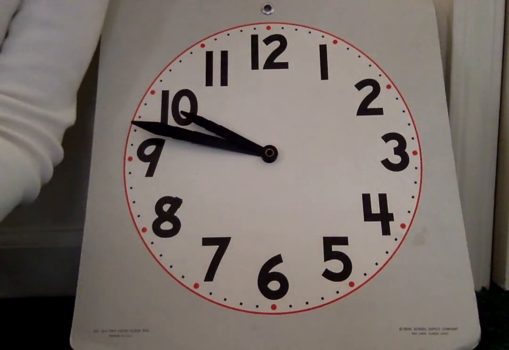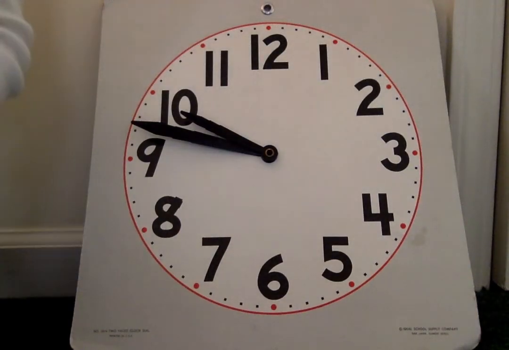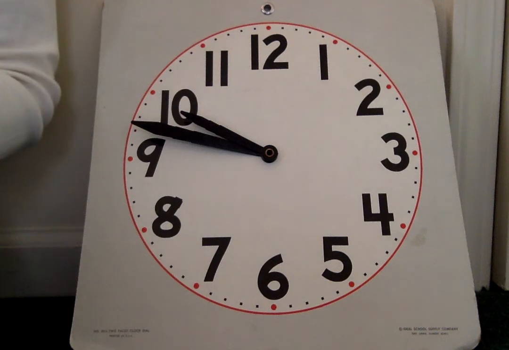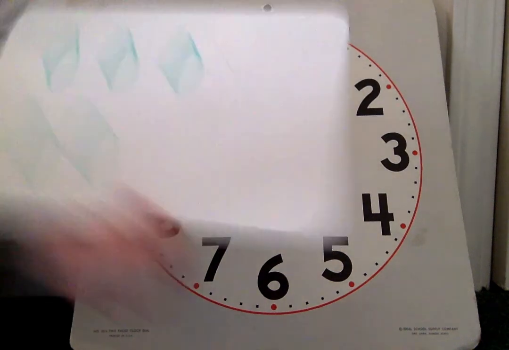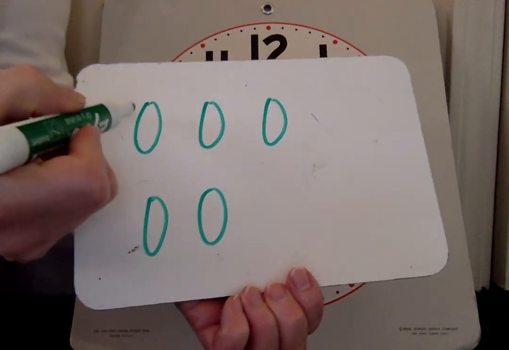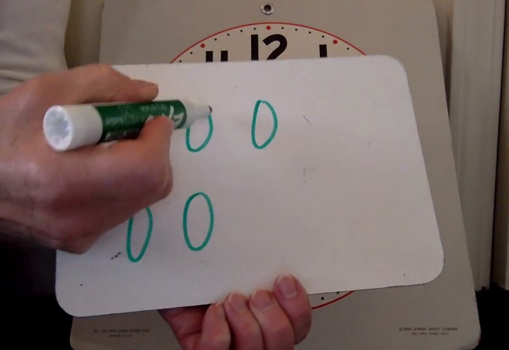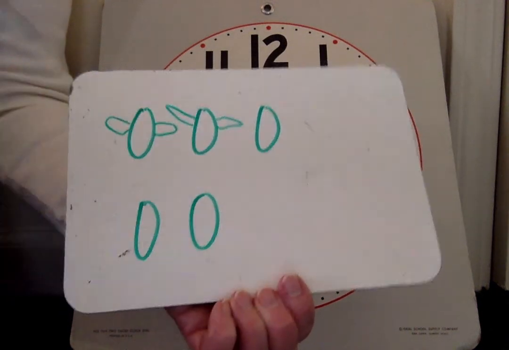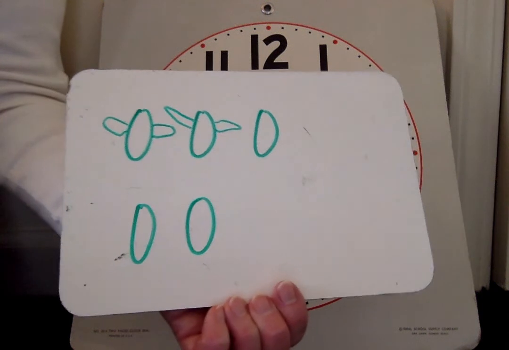Okay. Each bird has 2 wings. How many wings do 5 birds have? I'm going to draw 5 bird bodies. I'm going to put 2 wings on each. And then I'm going to count how many wings that is all together.